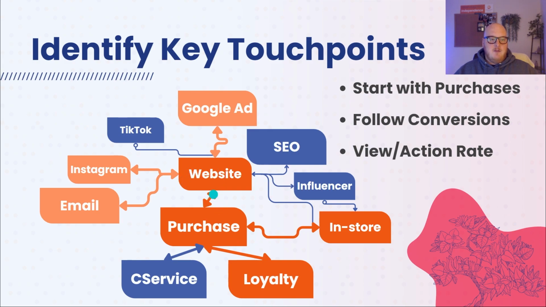Maybe they originally looked into a SaaS software they needed, and they saw it through SEO. You came up, and then you retargeted them with Google. Maybe they saw something on Instagram, or you emailed them, and they finally went back to the website and purchased. So you definitely want to see how that progresses.